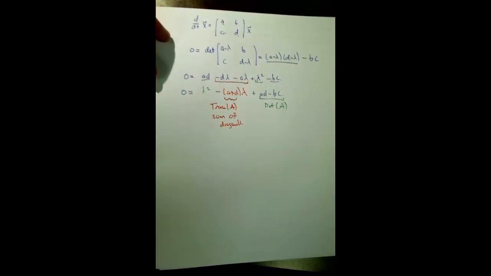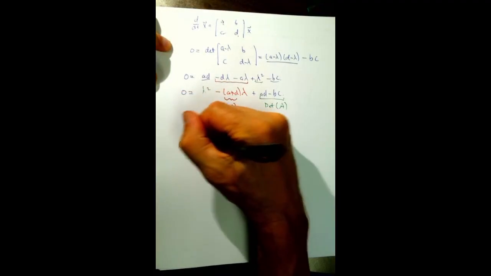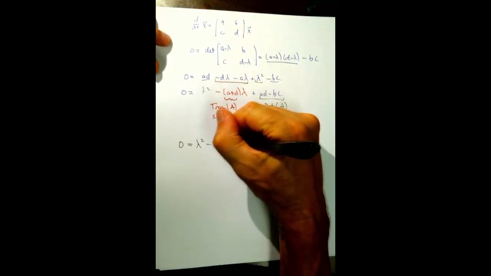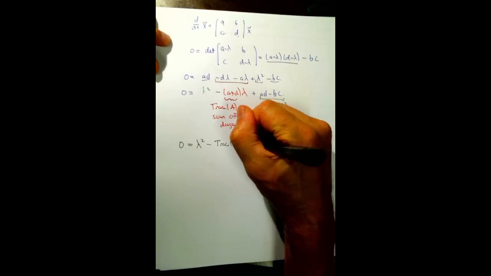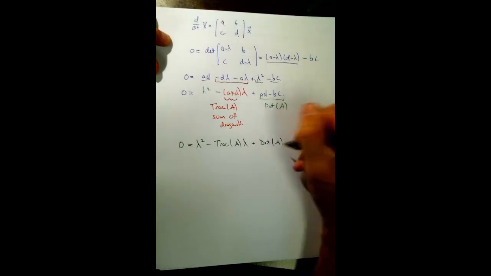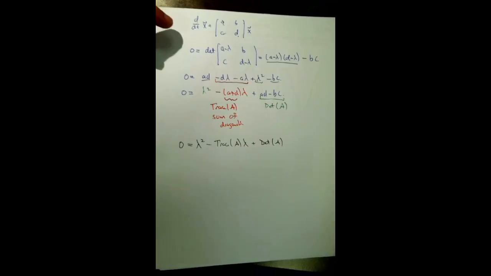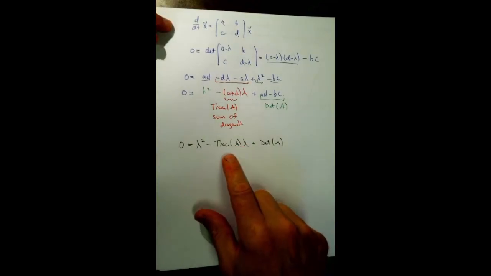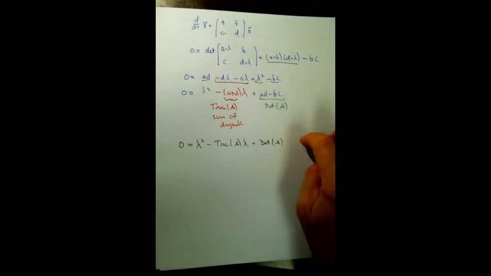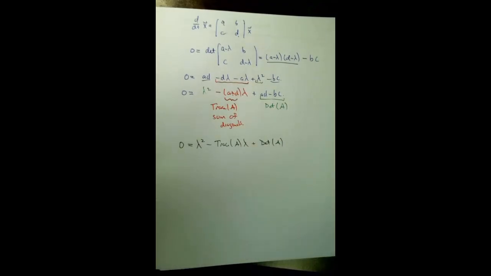Okay, so what do we have? For our equation to solve for lambda, we have lambda squared minus the trace of the matrix times lambda plus the determinant of the matrix all has to be 0. And so just knowing the trace and the determinant, I can solve this to get my values for lambda.